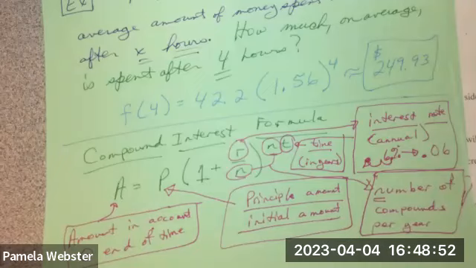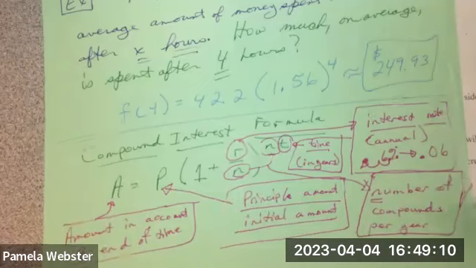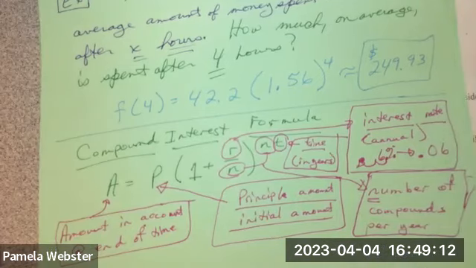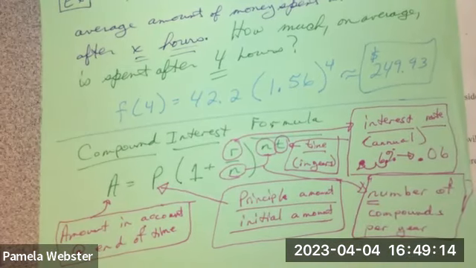But if it says we're only going to leave it in there for half a year, or if it says 6 months, we don't use 6 for the T because that would mean 6 years, right? So if it says 6 months, then we're going to use 1/2 because that's half of a year, okay? So we may have to do some stuff to play with it and make sure we can use it. But that's the basic formula. And that's what all the variables mean.